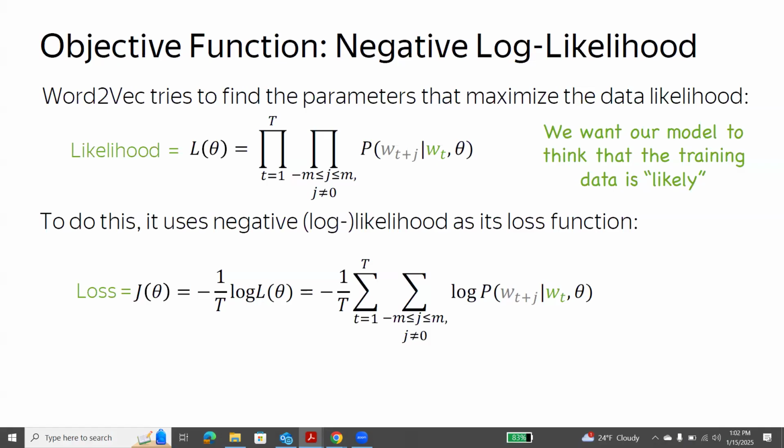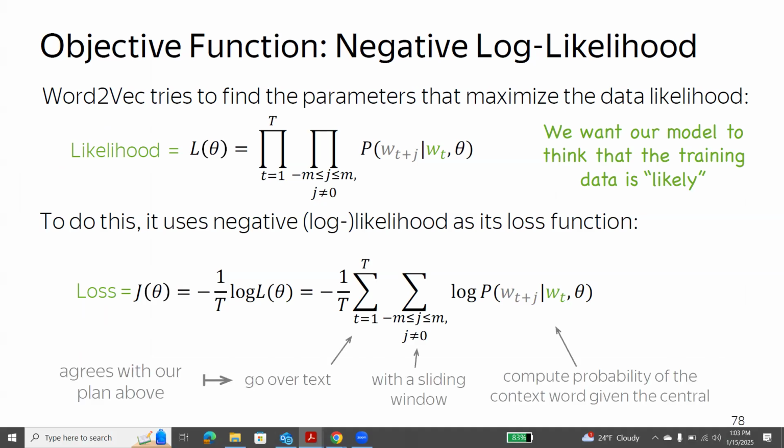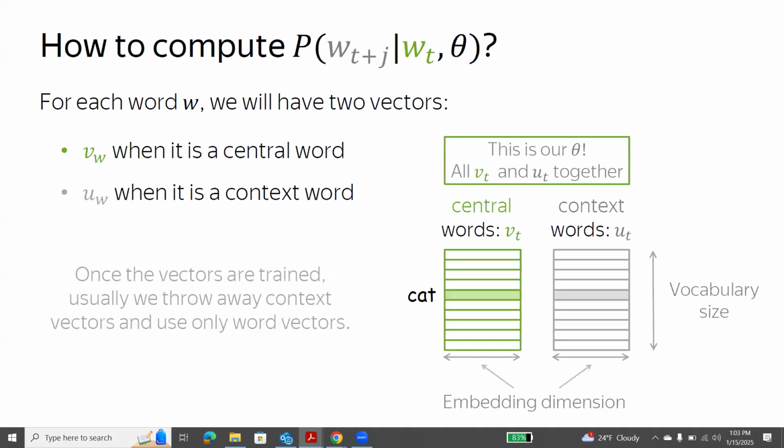And typically, the sliding window has size 5, 10 words. Then, this was our loss function. Then we said that we take gradient descent, so we take one element at a time.